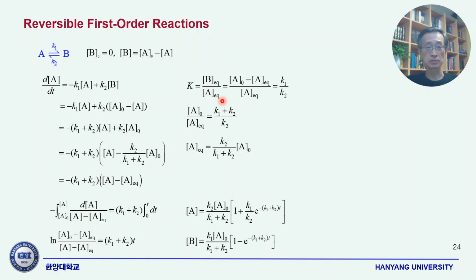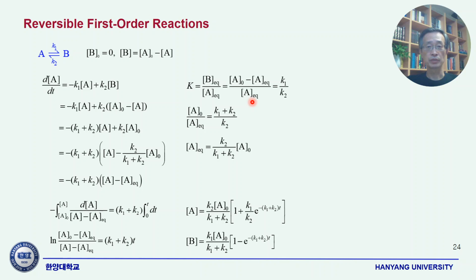and then this is actually the equilibrium constant, which is just B equilibrium over A equilibrium, and B is also A naught minus A equilibrium. So this K, by detailed balancing, microscopic reversibility, or whichever you choose, the equilibrium constant is k1 over k2. Okay, so we do some rearrangement in this way.